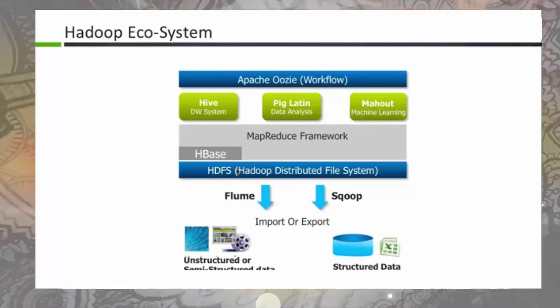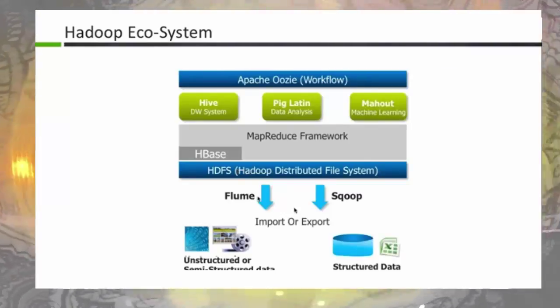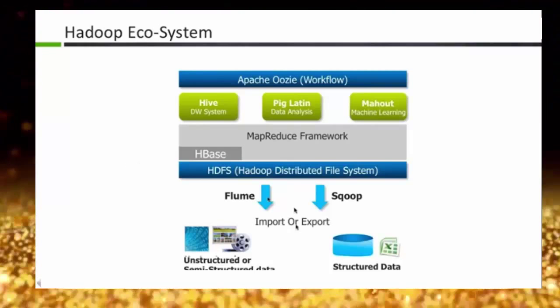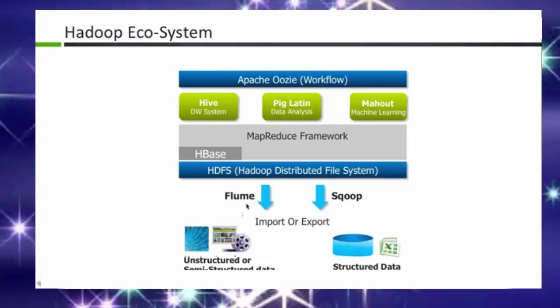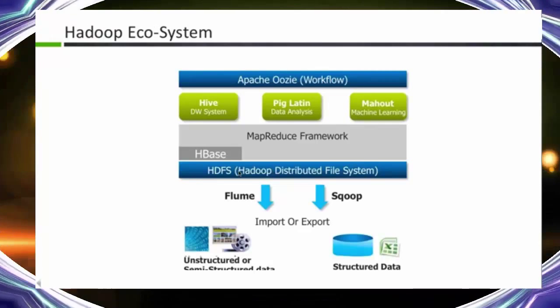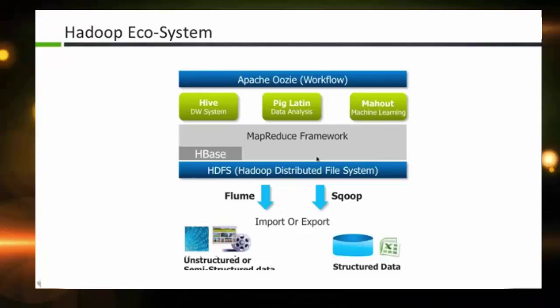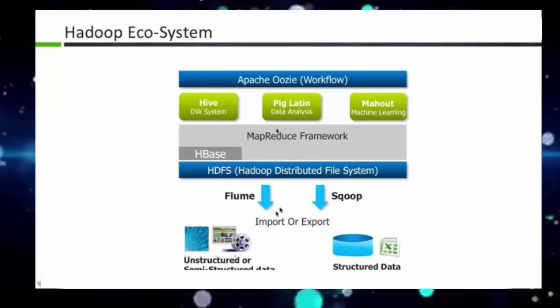Some websites will allow you to import data directly from an API, so Flume is the tool used to do that. We'll be doing an example of Flume in the next class, where we'll be loading data from Twitter into the HDFS, or the Hadoop Distributed File System. So this is the data which you load from the real world into the Hadoop Distributed File System.